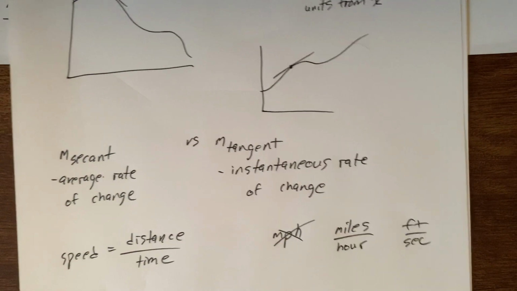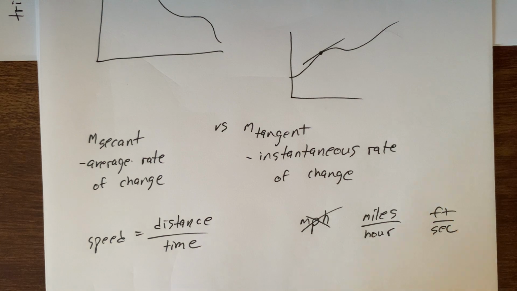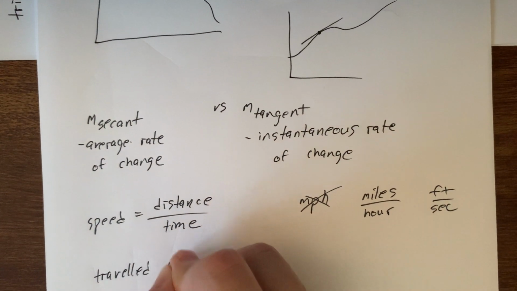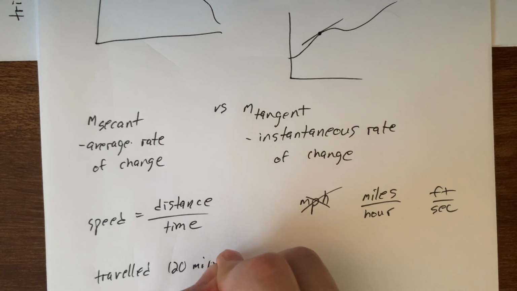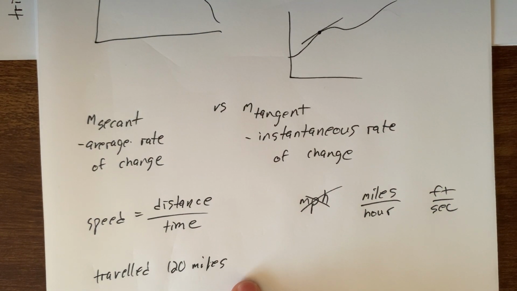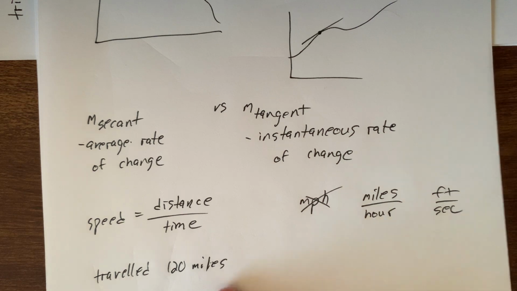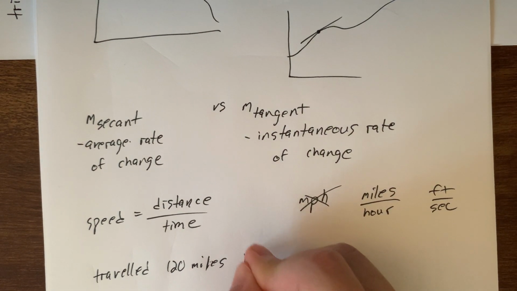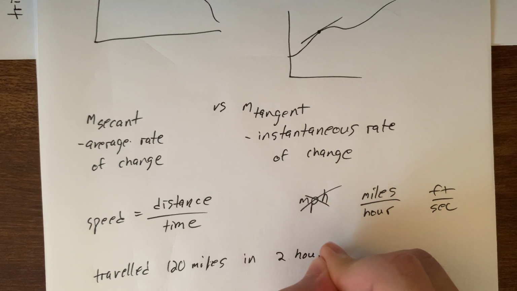Let's just think about this for a quick moment. If I told you that you traveled 120 miles, I could do a whole little exercise with mileposts, that we started on mile marker 106 and finished on mile marker 226, but I'm just cutting to the chase. We traveled 120 miles in 2 hours.